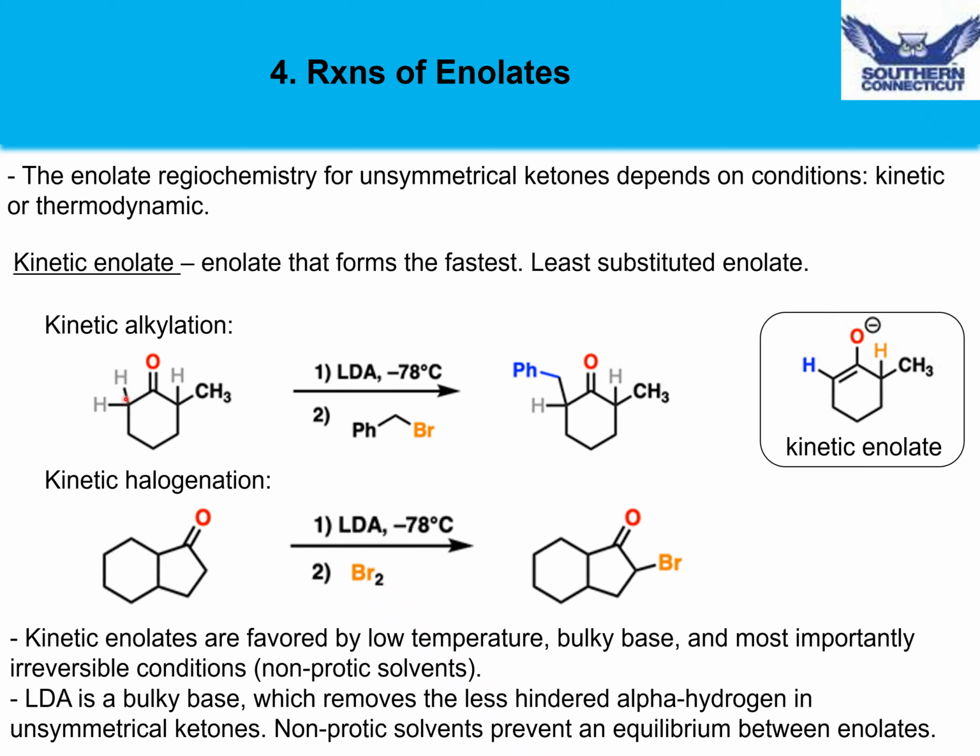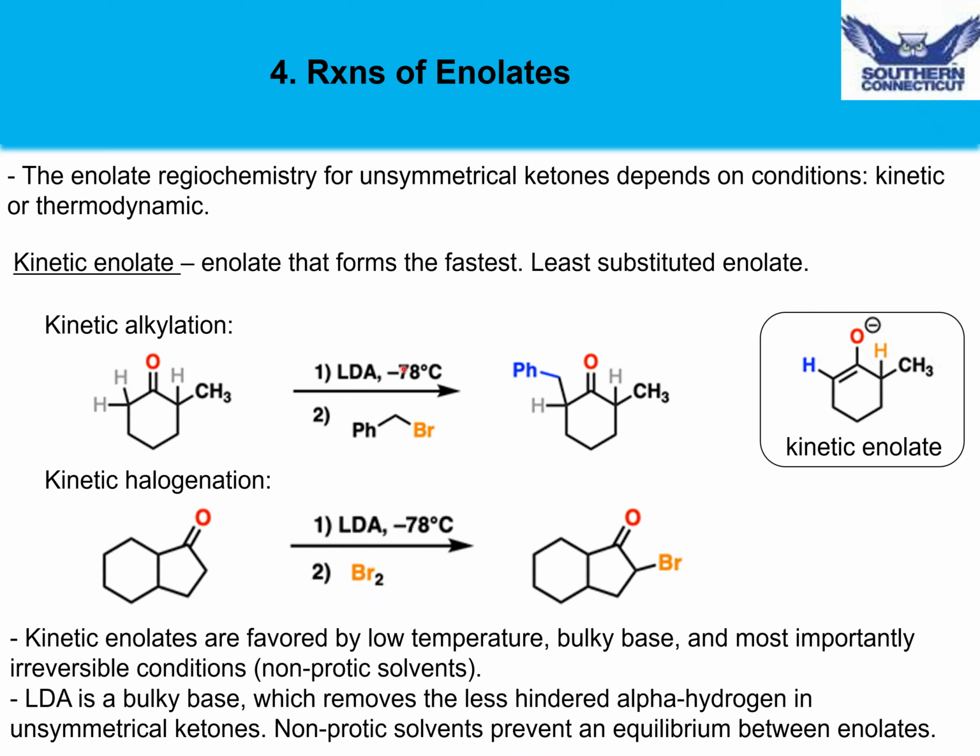The reason we refer to that as the kinetic enolate is because that is the enolate that forms the fastest under these conditions. So LDA is a very strong base. It's also a very bulky base. So it prefers to go after the least substituted hydrogens rather than this hydrogen here, which has a methyl group sort of partially blocking the hydrogen.